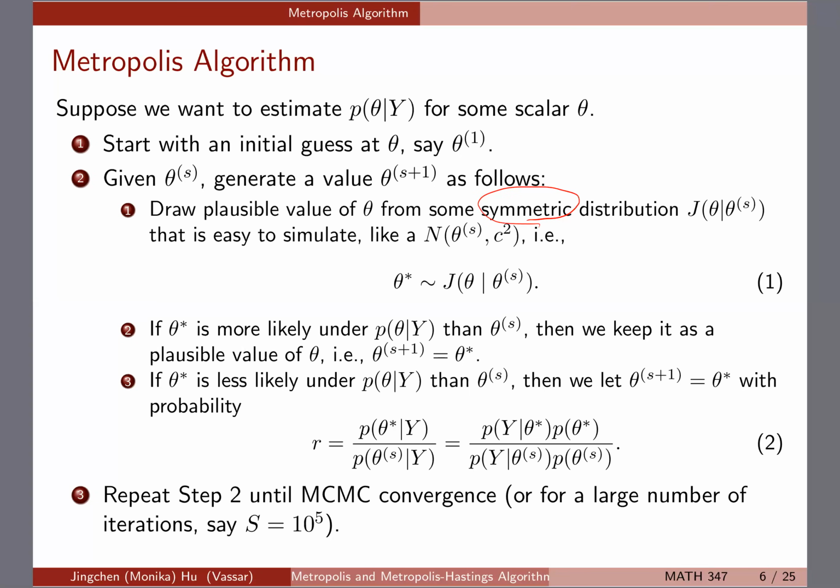Overall, for Gibbs sampler, it's very unlikely you're going to stay at the same point because every time you do a random walk. Whereas for Metropolis and later Metropolis Hastings as well, it's likely because you have this ratio determining whether you're going to jump or not.